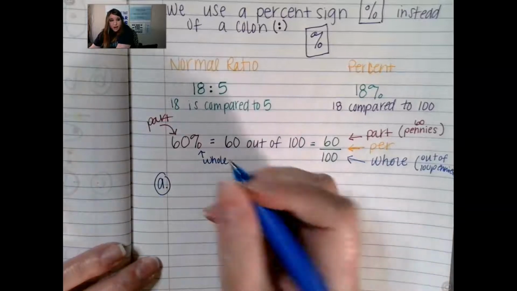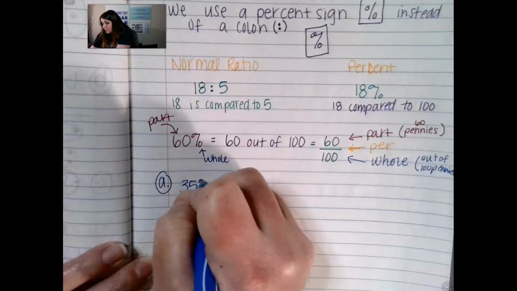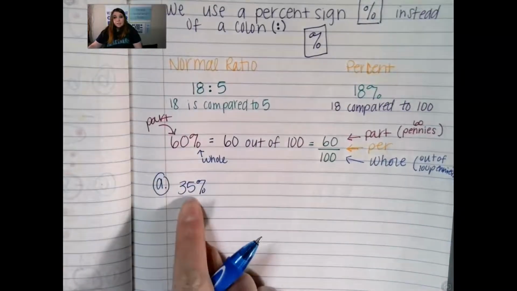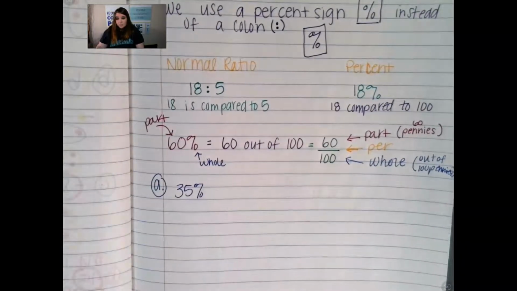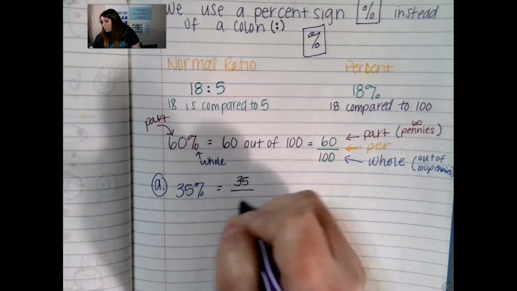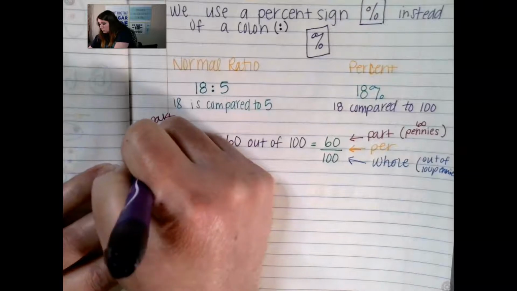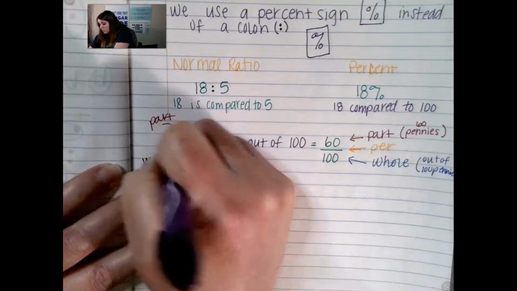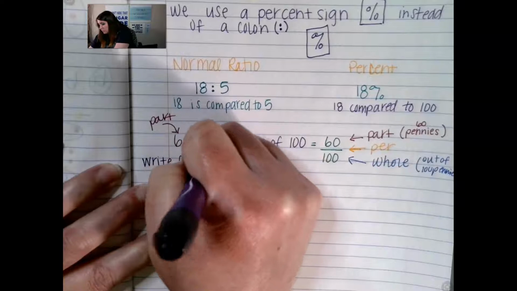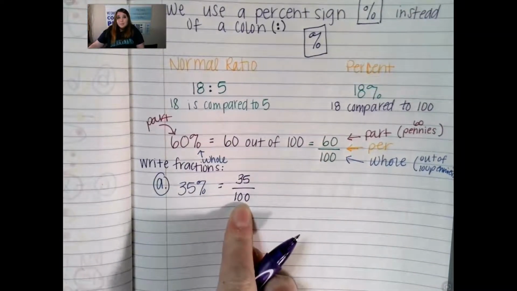If I have 35%, this literally means as a fraction 35 over 100. But we need to make sure that it's in simplest form.